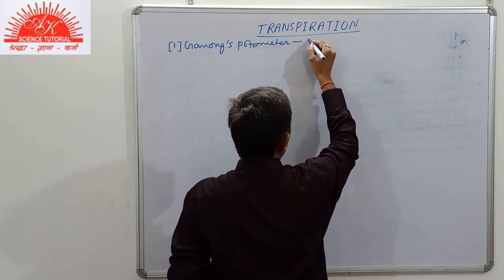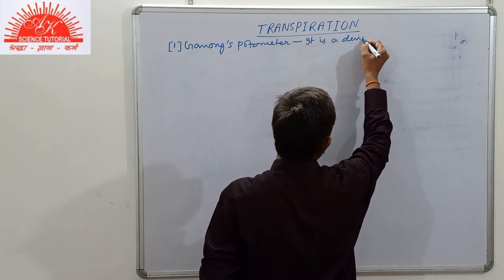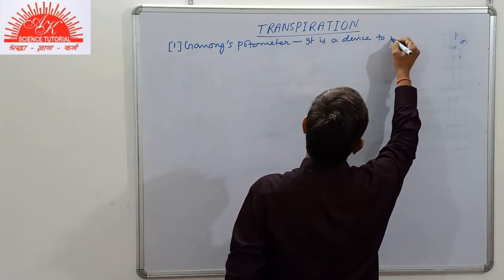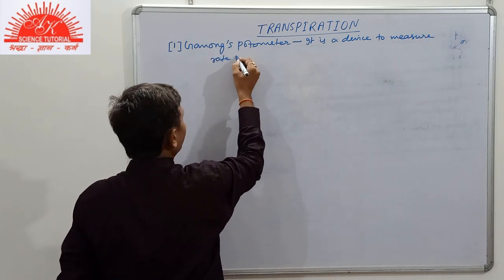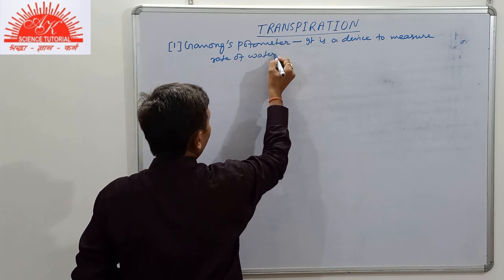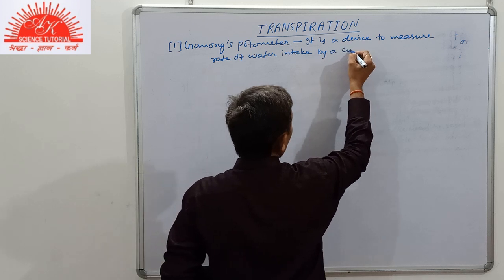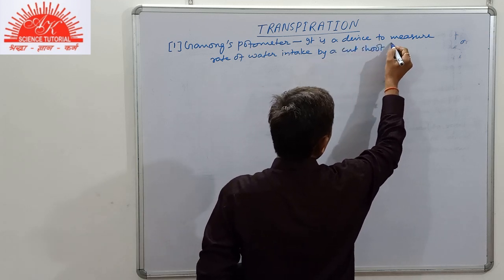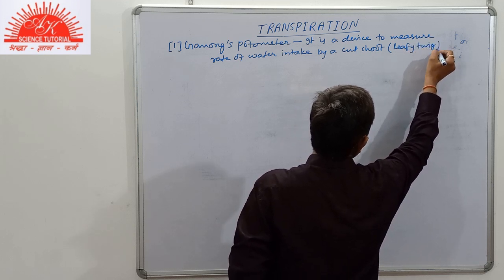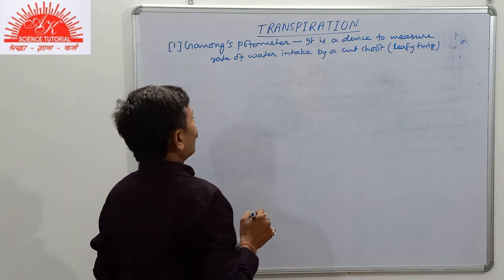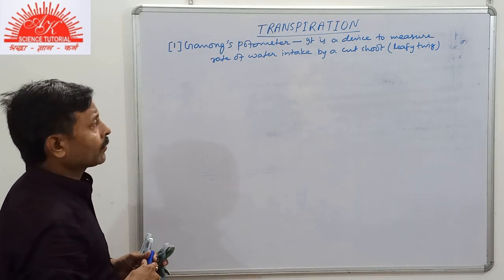So, it is a device to measure the rate of water intake by a cut shoot. Cut shoot we can also write as a leafy twig. Now, in Ganong's potometer, we will have some arrangements.